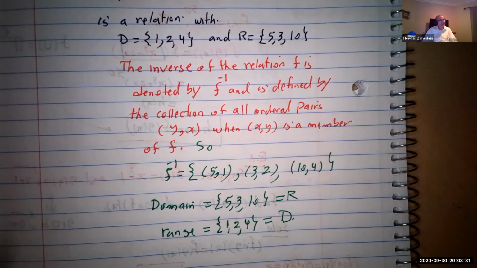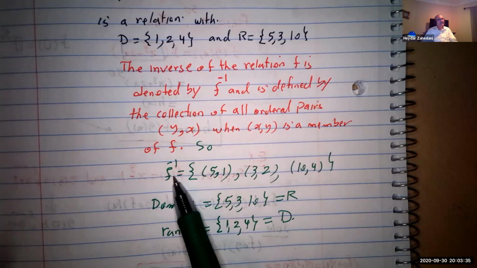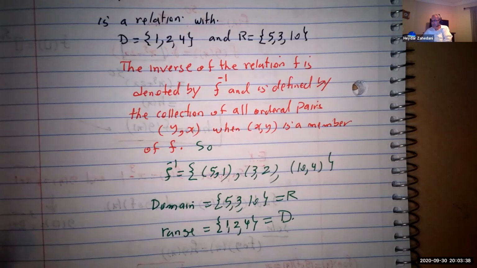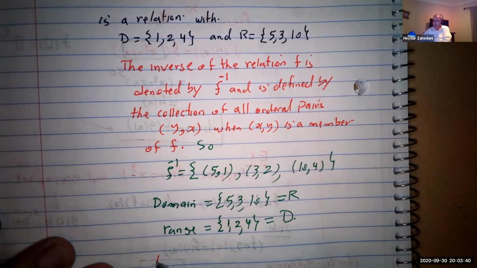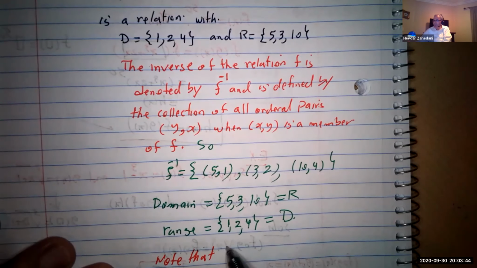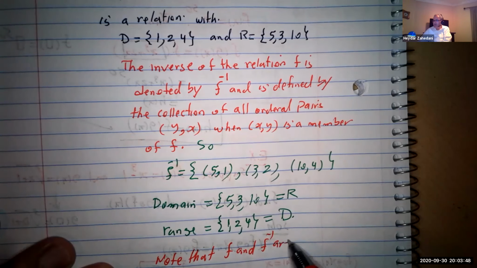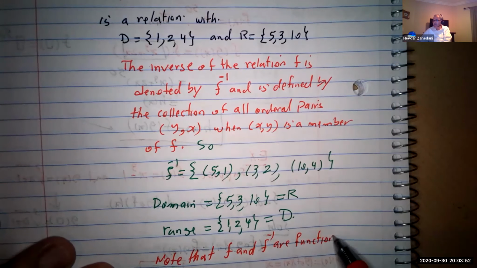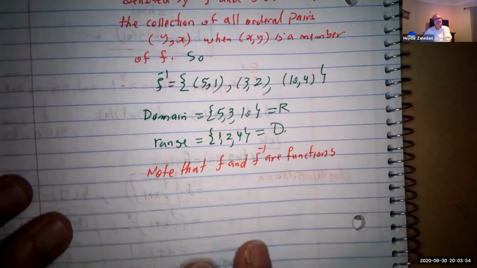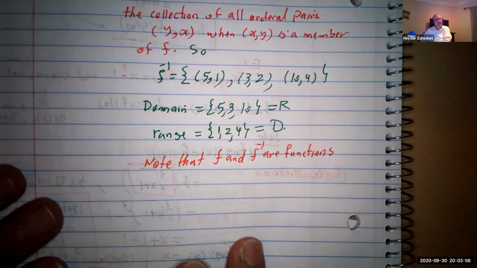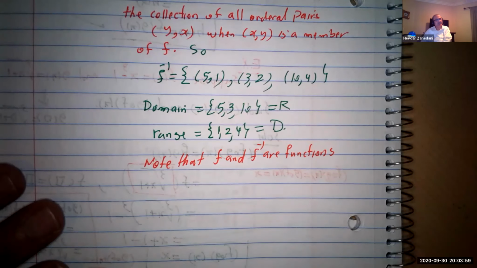But if you get a function, this is called the inverse function. Note that f and f inverse are functions. So f inverse is going to be your inverse function in this case.